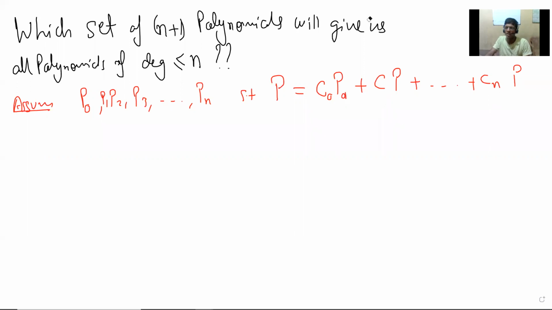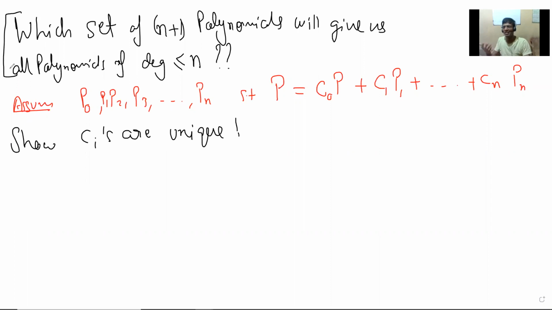So can you say that these c_i's will be unique? Assume that this is possible, but now we want to say that the c_i's are unique. When it is possible, we will get an equivalent condition.